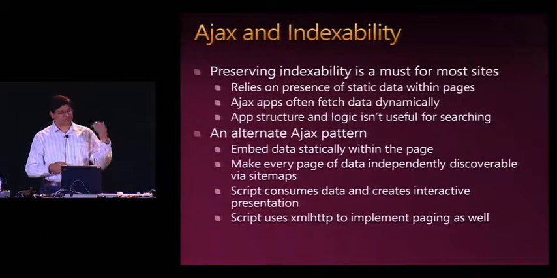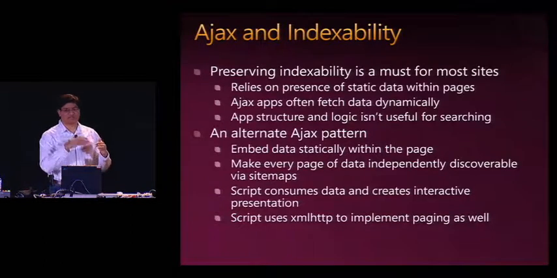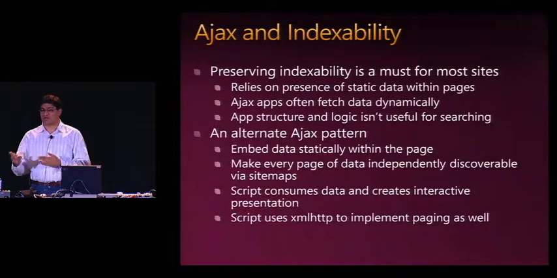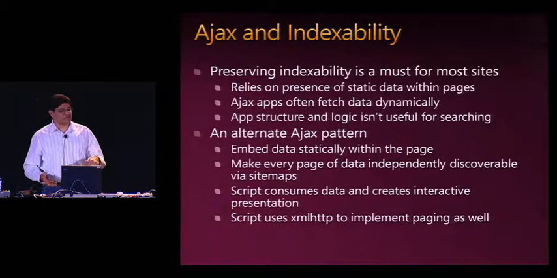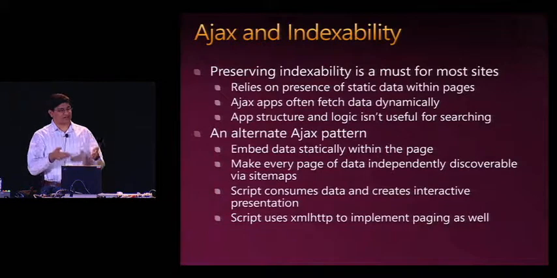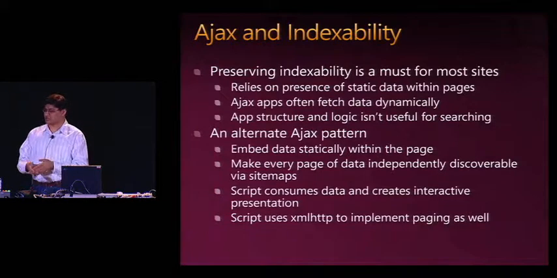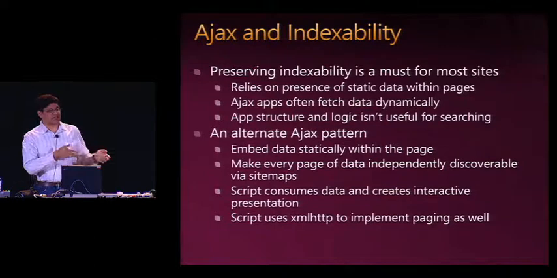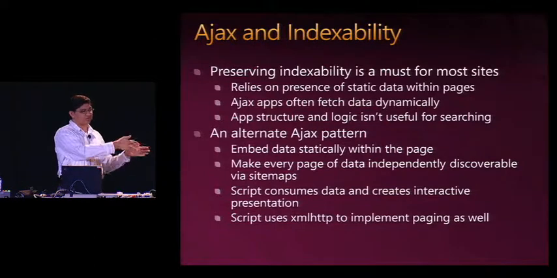And then what the AJAX script can also do is go from one page to another page without refreshing. And if you do have this kind of paging-like scenario, then you want to make sure you also have a sitemap for your site that tells the search engine where to go look. So the static content on the page tells the search engine crawler what content to index, and the sitemap tells the crawler where to go look to index.